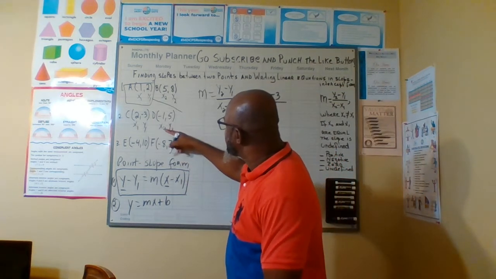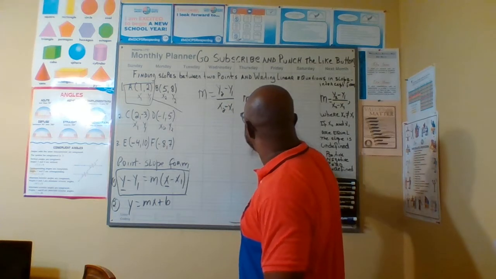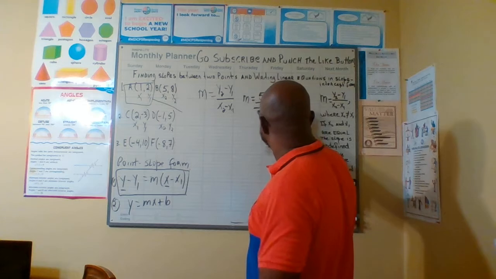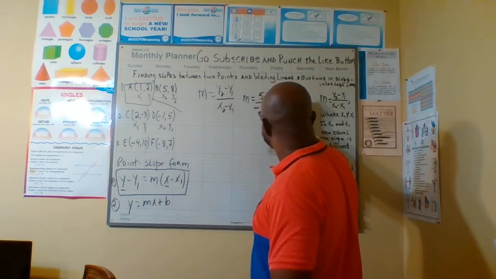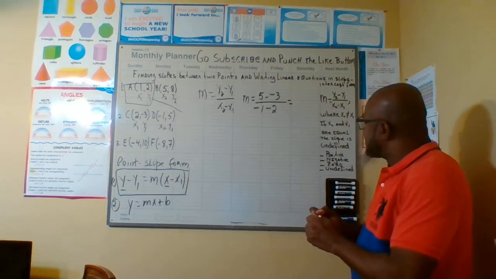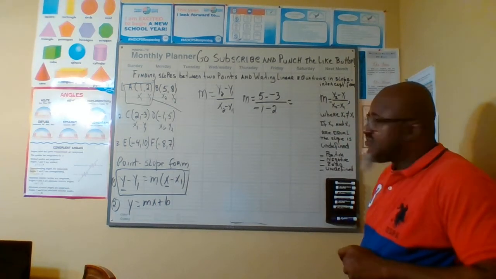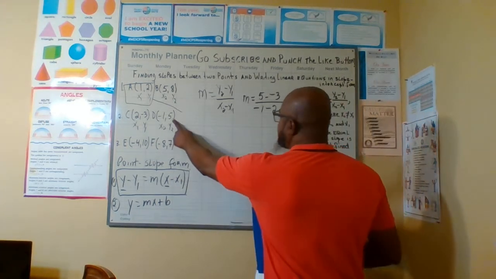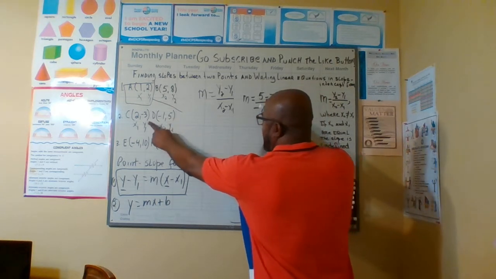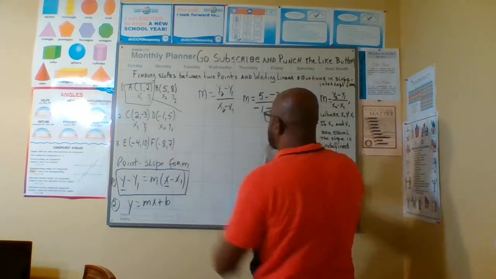Over the x2, which is negative 1, minus your x1, which is 2. All right, so let's look again, because sometimes that's where we make mistakes. We have to verify. This is my y2, 5, minus, that's part of the formula, minus 3. This part is good.